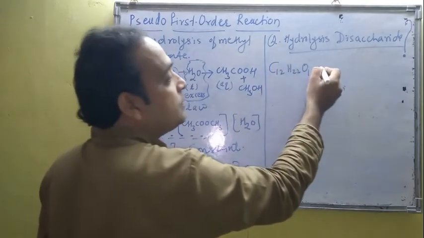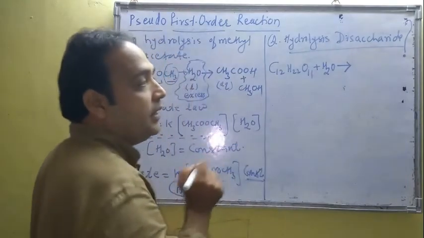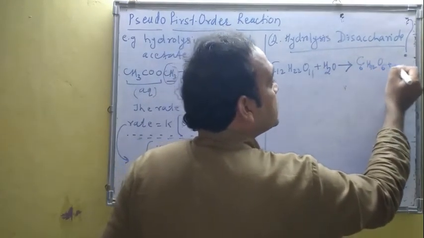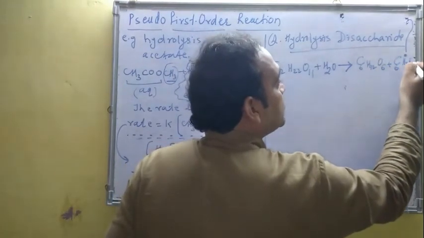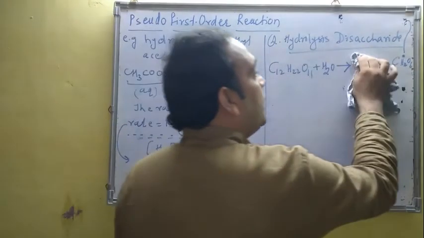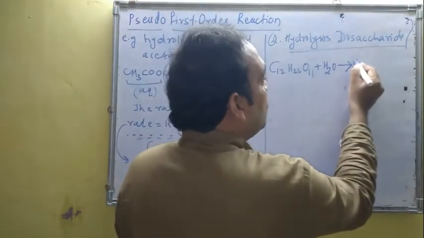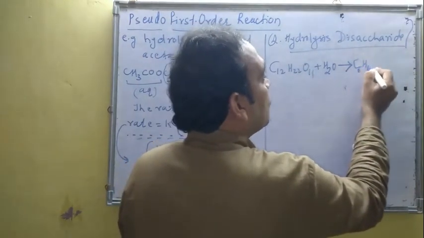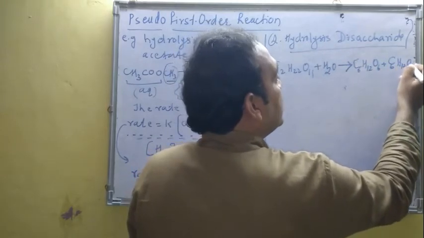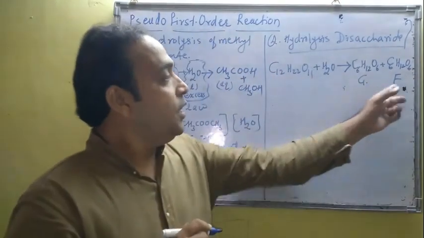Now hydrolysis means it reacts with water, and when it reacts with water, it converts into C6H12O6 plus C6H12O6. One is glucose and the second is fructose. These are the two products formed when a disaccharide undergoes hydrolysis, and these are monosaccharides.